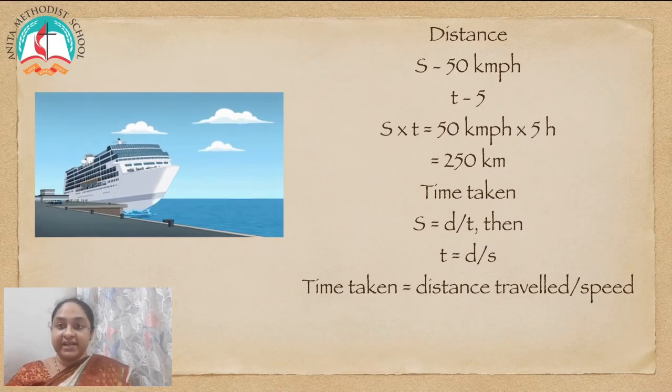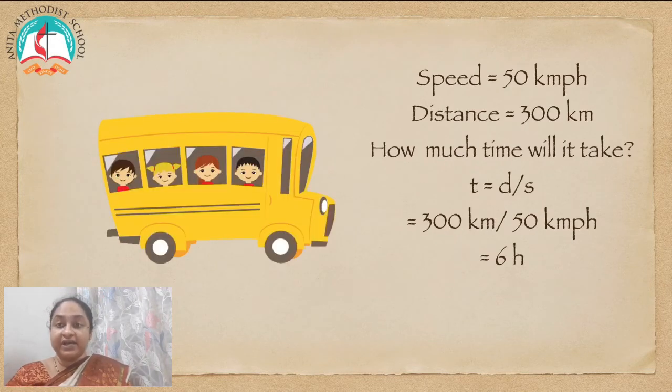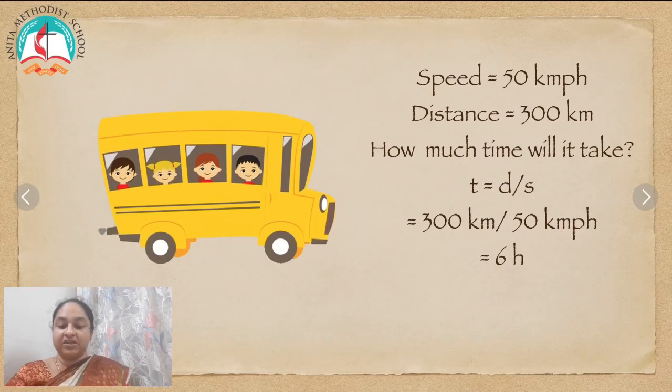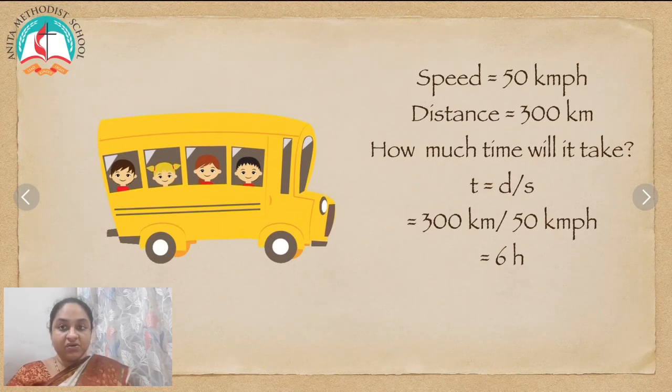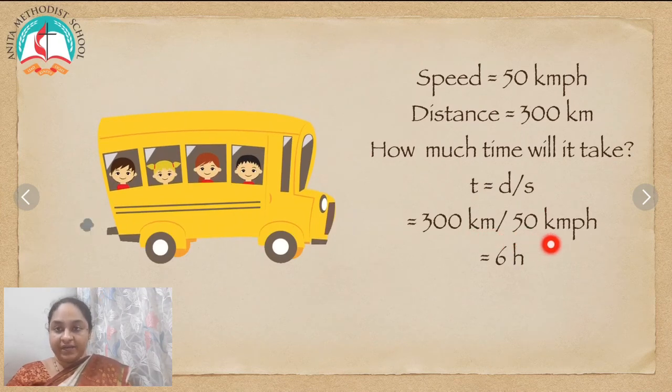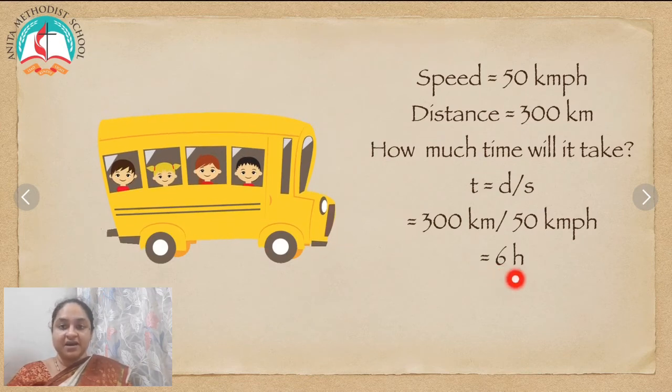If the bus travels at a speed of 50 kilometers per hour and it has to cover a distance of 300 kilometers, how much time will it take? t is equal to d by S, that is 300 kilometers by 50 kilometers per hour, which is equal to 6 hours. Did you understand, children?